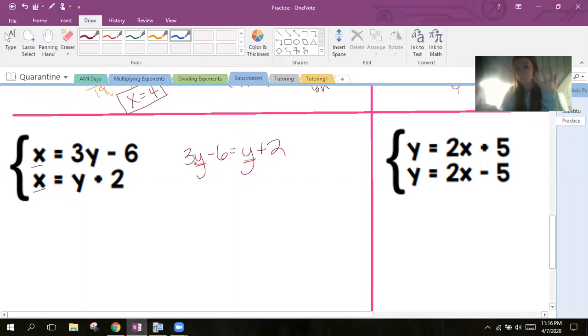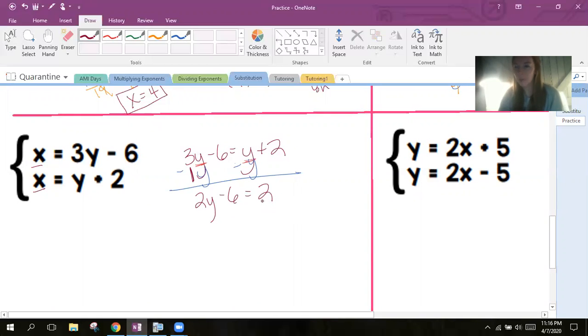It doesn't matter which side you put the variable on, you just have to get them to one side or the other. So 3y minus 1y gives me 2y minus 6 equals 2.